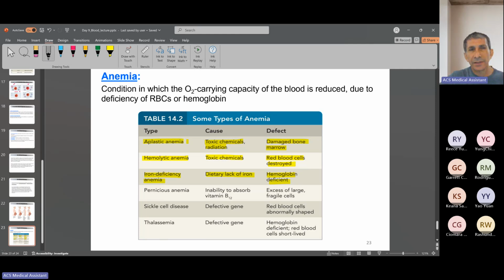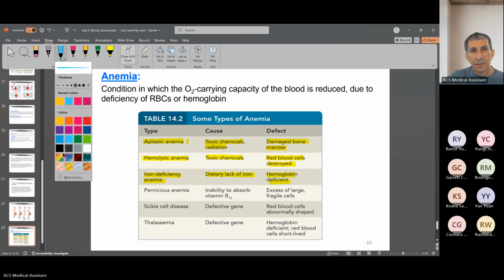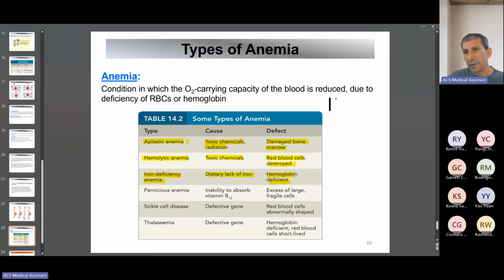Hemoglobin in males goes from 12 to 18. In females it goes from 11.5 to 16.